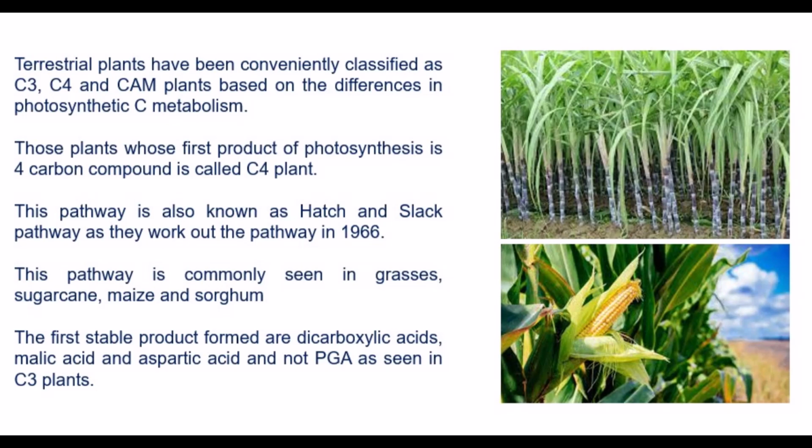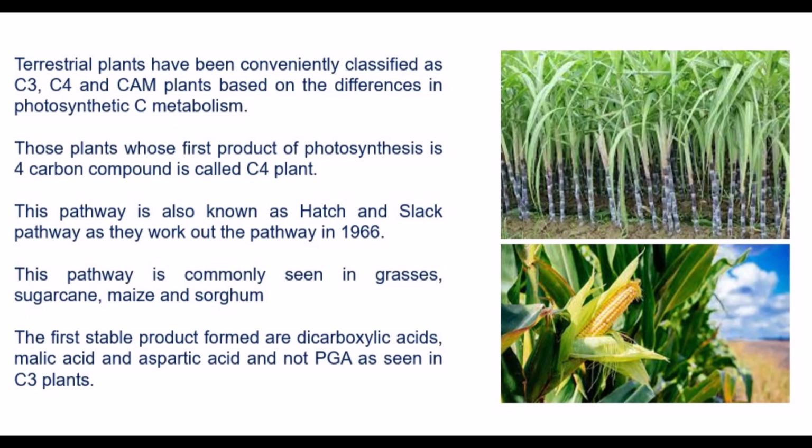C4 plants are called C4 because the first stable product formed during photosynthesis is a C4 carbon compound, and hence it is called a C4 plant.